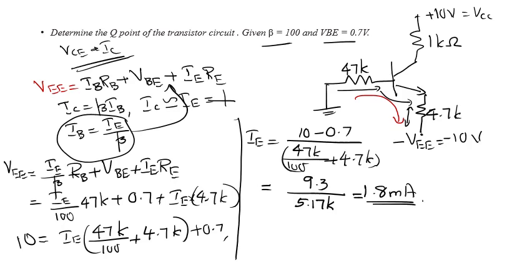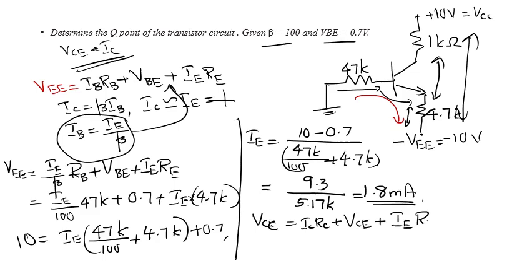So once you get this expression, we can use the other equation, VCC. You will use the output loop. So VCC equal to IC RC plus this voltage VCE, plus the emitter resistance voltage IE into RE.